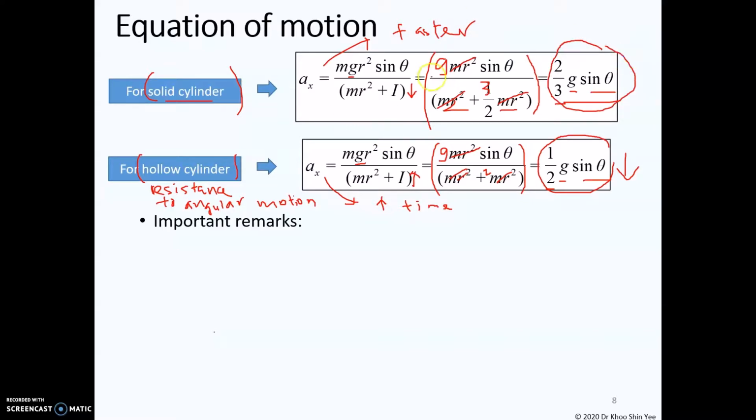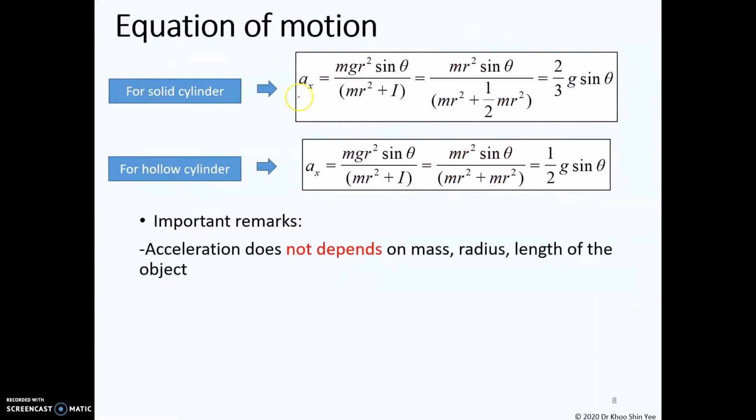So in this example, you see the mass moment of inertia plays an important role when we have a rotational motion. Most importantly, you must know that the higher the mass moment of inertia, the higher the resistance to the angular motion will be. Therefore, it will take longer time to reach the ground because the acceleration will be lower.